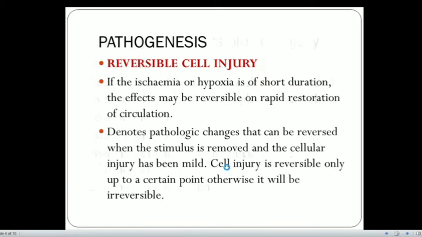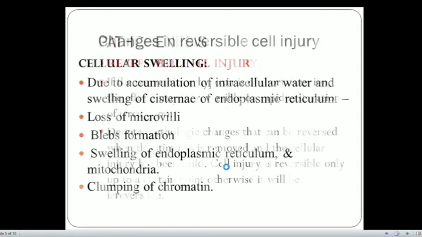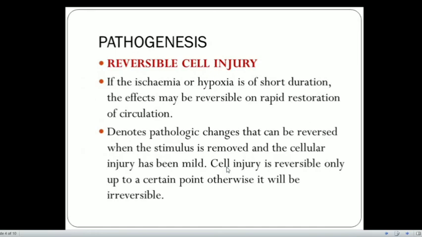So reversible injury denotes pathologic changes that can be reversed when the stimulus is removed and the cellular injury is mild. Cell injury is reversible only up to a certain point, otherwise it will be irreversible.